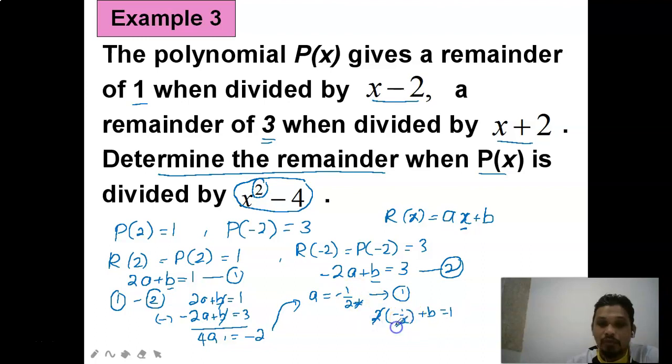2 divided by 2, then negative 1 here. So then b equal to negative 1 will become positive. So 1 plus 1 equal to 2.